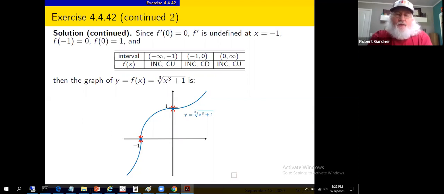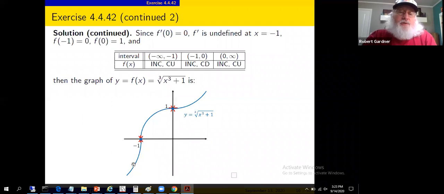Is it a cusp, a corner, a vertical tangent line? We claimed it was a vertical tangent line. And we could verify that with some limit stuff. So let's take that as given. Just put something there to indicate the derivative is messed up. And a vertical hash mark would be a good thing to put considering how we treat horizontal tangent lines.